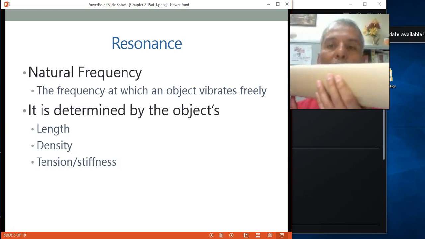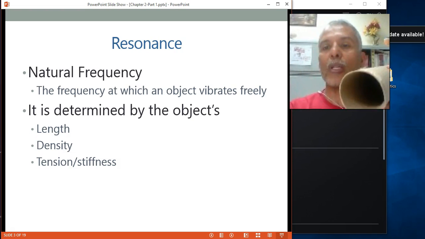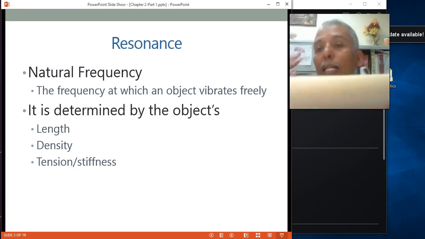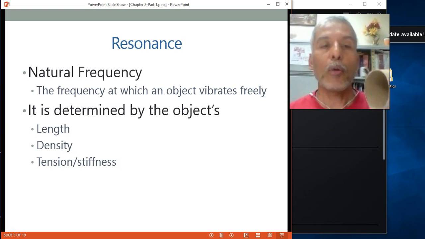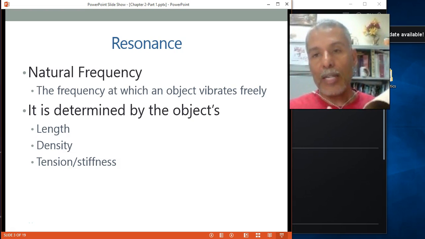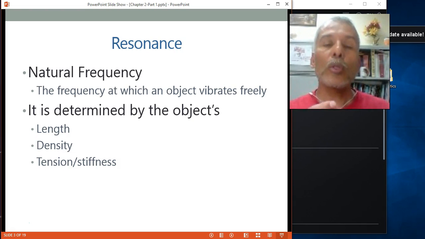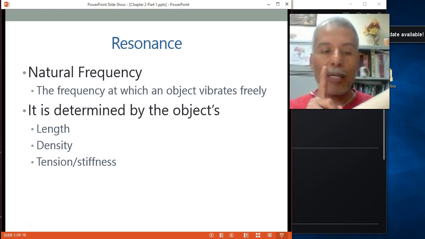Based on how long it is, how wide it is, how symmetrical it is, that is going to make it resonate at a certain frequency. If I make a sound, the air inside of it will respond to my sound in a certain way based on the shape, the length, the density, and all these factors.